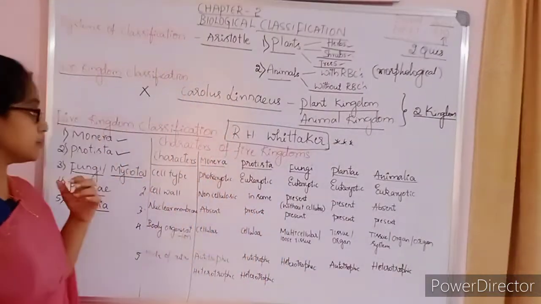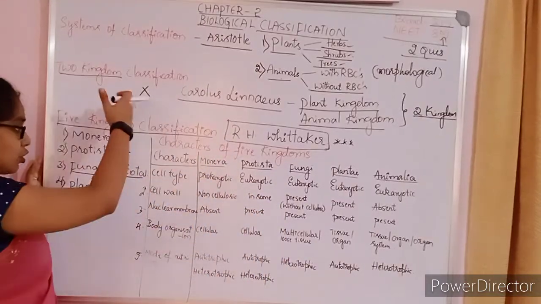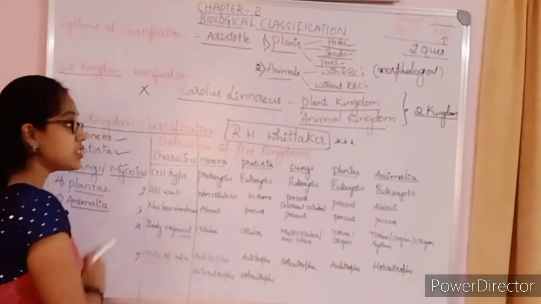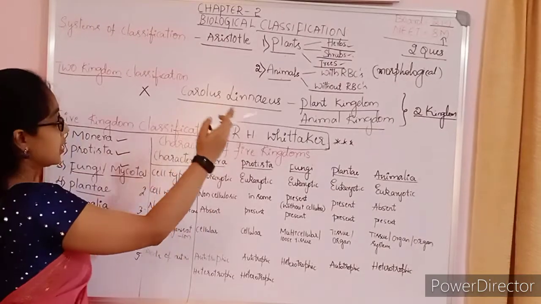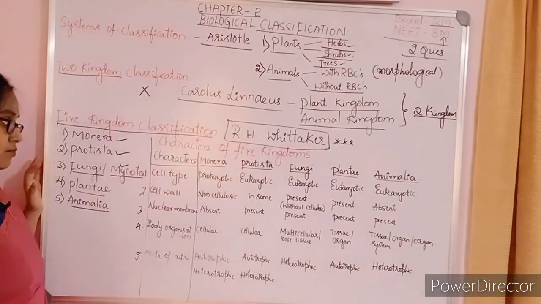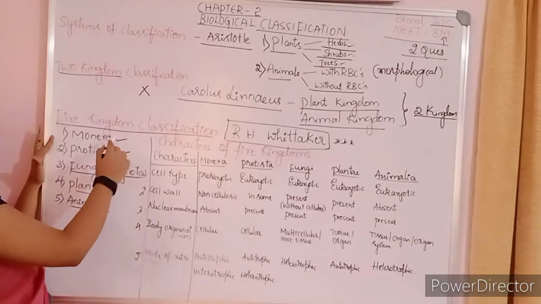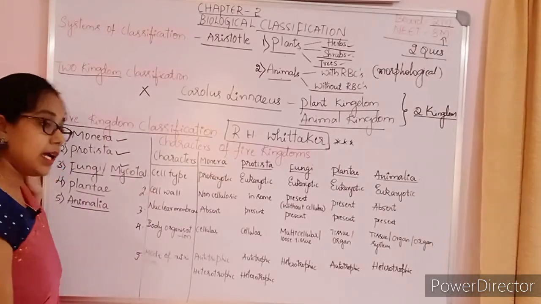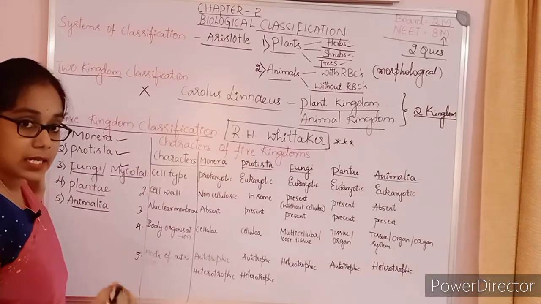Correct? So here let's see which kingdoms are coming under prokaryotes and which kingdoms are coming under eukaryotes. Okay, so first, if you take up the kingdom Monera, kingdom Monera involves some organisms.